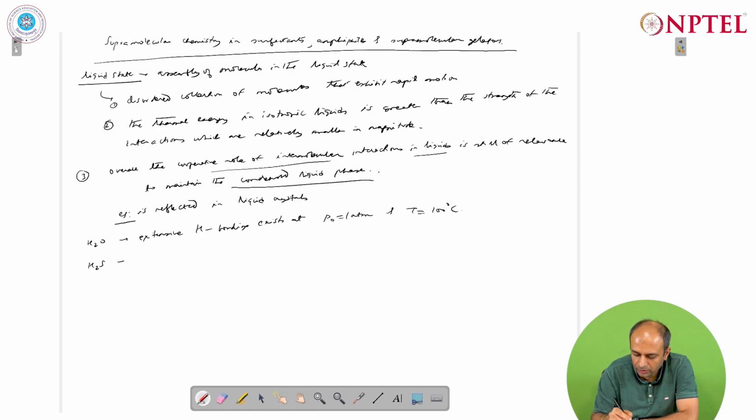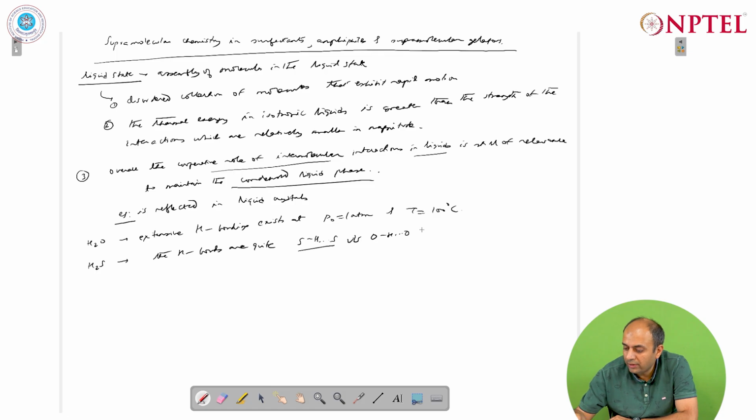Whereas in the case of hydrogen sulfide, the hydrogen bonds are quite weak. That is, we have S-H-S versus O-H-O.